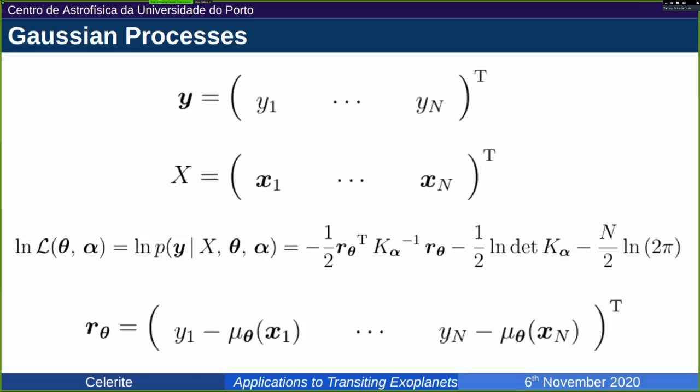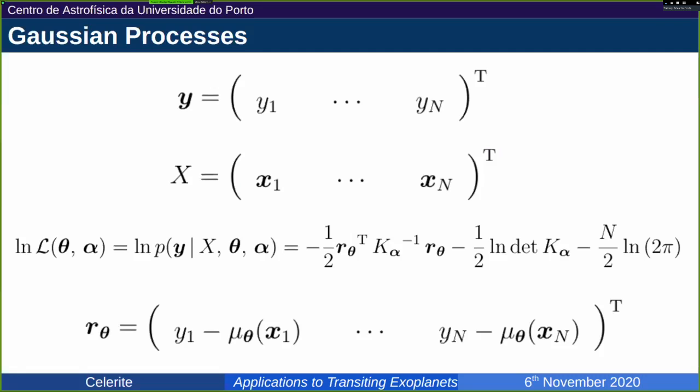So, Gaussian process models contain a mean function with input coordinates x, and a covariance or kernel function parameterized here by theta and alpha. Assuming that we have a data set y under this model, the log likelihood allows one to infer the model variables' values from a set of observations. This is particularly interesting as it can be derived as a generalization of the chi-squared algorithm to include the effects of correlated noise in the data.